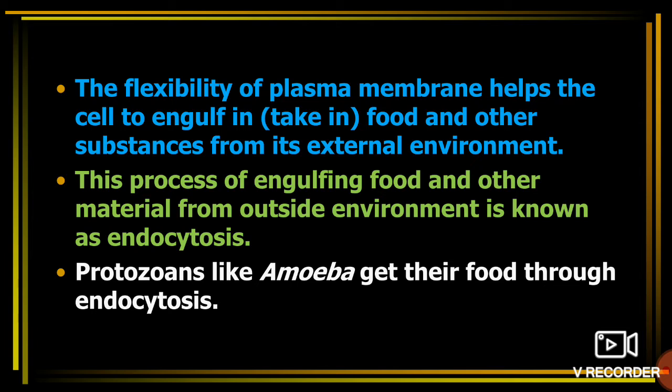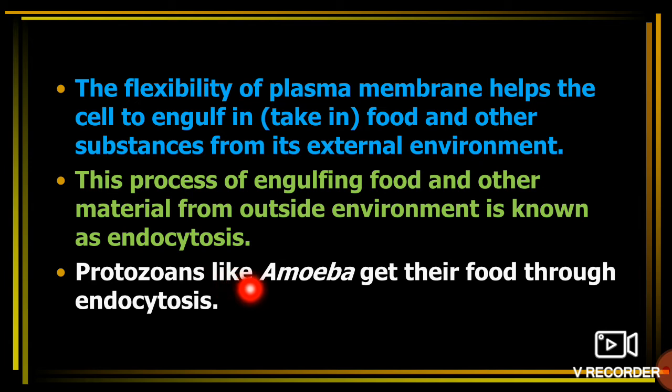These lipids and proteins are flexible in nature, and that flexibility allows the plasma membrane to engulf the food material, because each and every organism requires food material, and whoever has a very limited or primitive structure goes for this way of taking food, engulfing, and that is possible because of the flexibility of the plasma membrane. If it were rigid in nature, this engulfing process would not be possible.